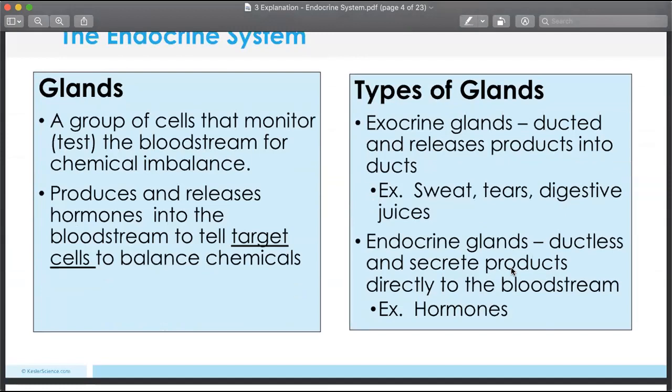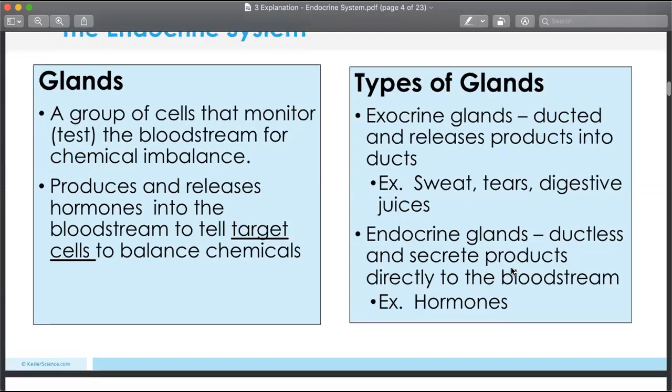They have a specific place to go. Now, exocrine glands release products into ducts, and endocrine glands are the ones that are ductless and secrete products directly into the bloodstream. So exocrine glands are more like sweat, tears, and digestive juices, and endocrines are all the hormones.